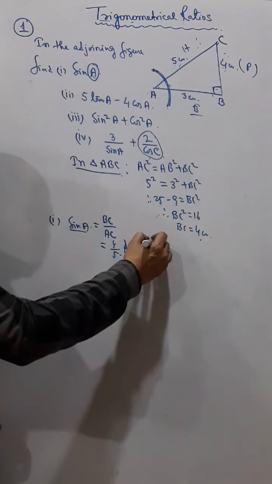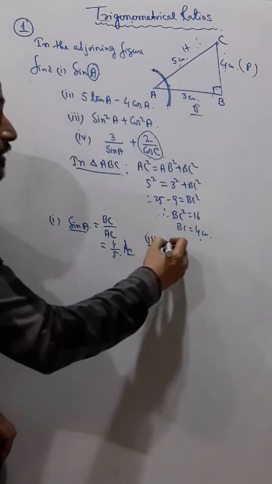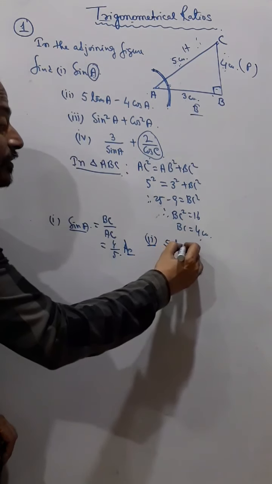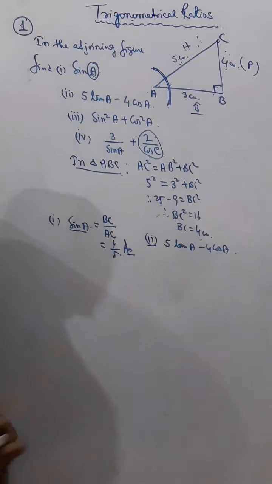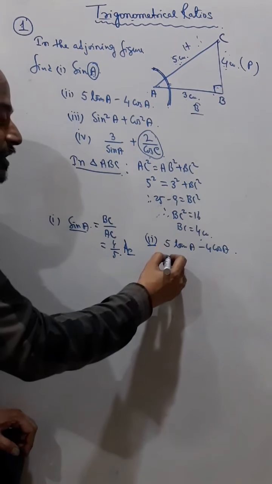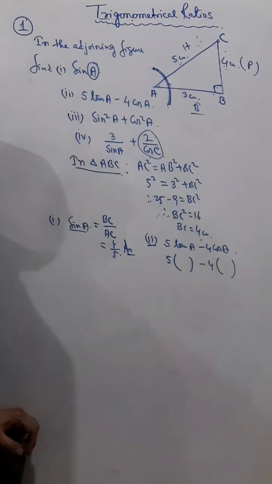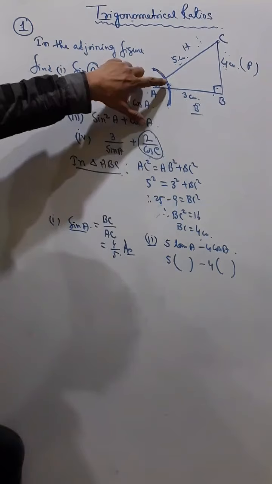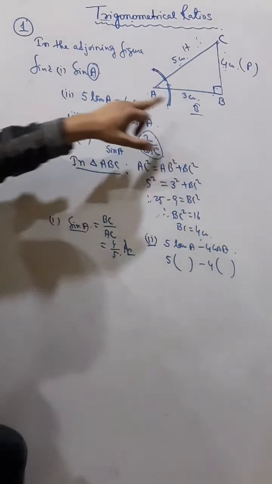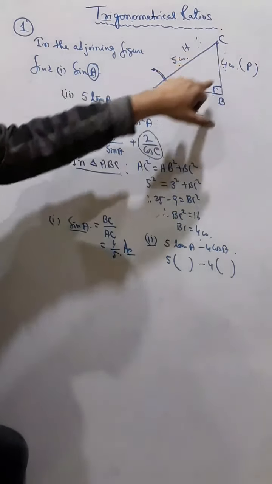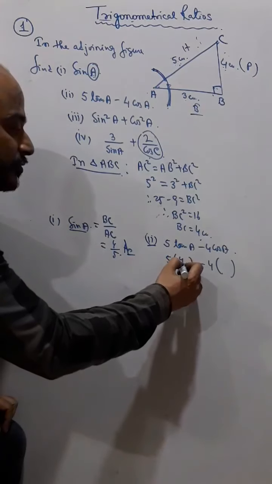Similarly number 2 they told 5 tan A minus 4 cos A. So that means 5 into tan A minus 4 into cos A. Again tan A with respect to A: we already got this is perpendicular, hypotenuse, and this is base. Tan means perpendicular by base, so it becomes 4 by 3.